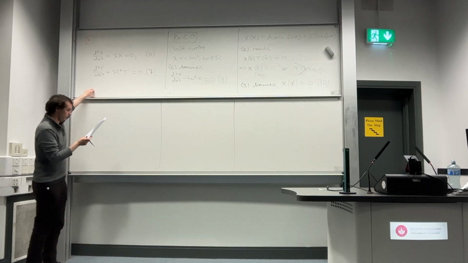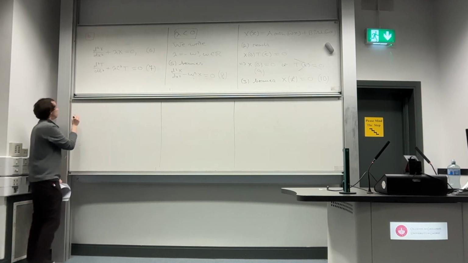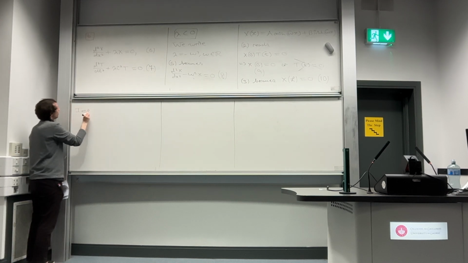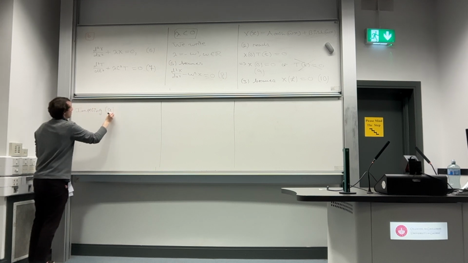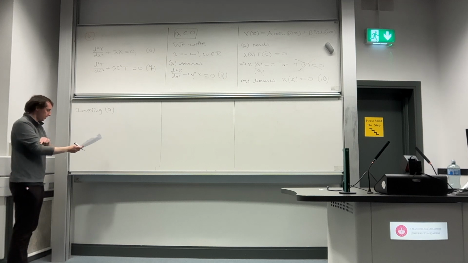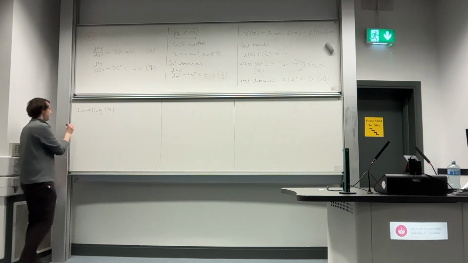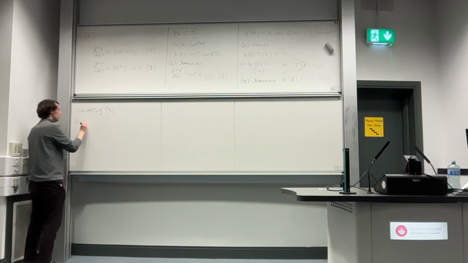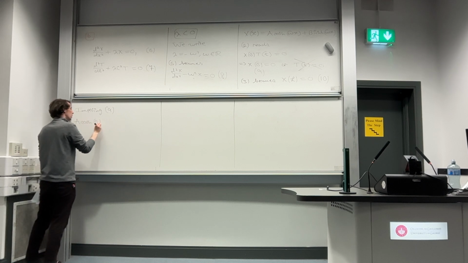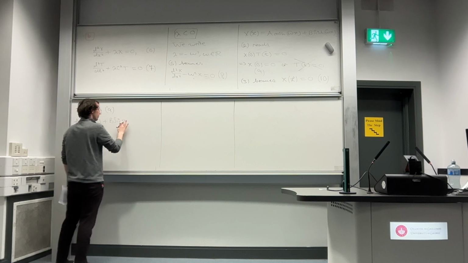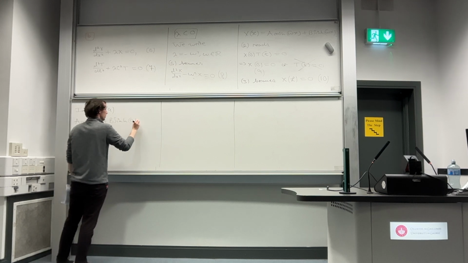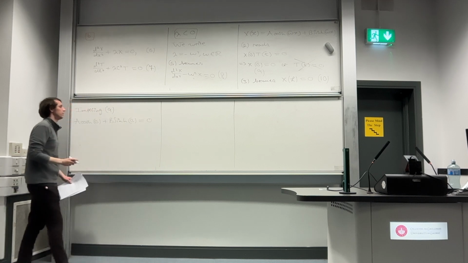So if we impose boundary condition 9 in our solution for x, we're going to get a cosh of 0 plus b sinh of 0 is equal to 0.